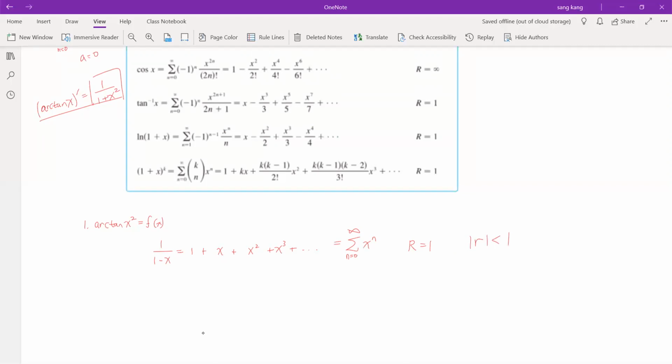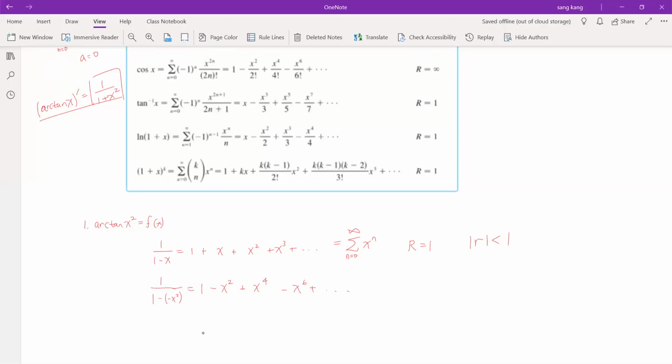So now we're going to modify this a bit and try to get it in the form of the derivative of arctangent, which is 1 over 1 plus x squared, right? So now on this right-hand side, we're replacing x with minus x squared. This is 1 minus x squared plus x to the 4th minus x to the 6th plus dot dot dot.